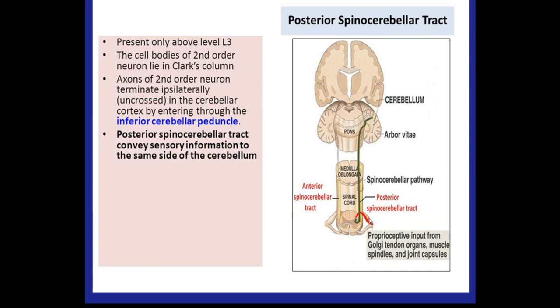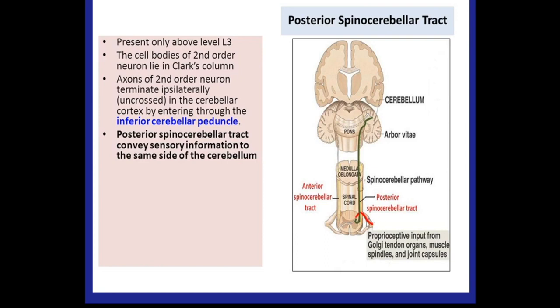You remember, all first order neurons for absolutely all sensory tracts lie always and only in the spinal ganglion.